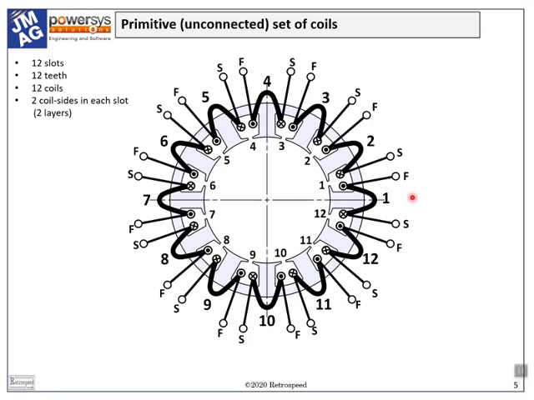I've tried to rely on common sense and a little bit of experience, but it's worth mentioning that there is an extensive theory of winding synthesis, especially in the older German literature and some of the very old English language literature. It is rich in the mathematics of integers, almost like the theory of numbers in pure mathematics.